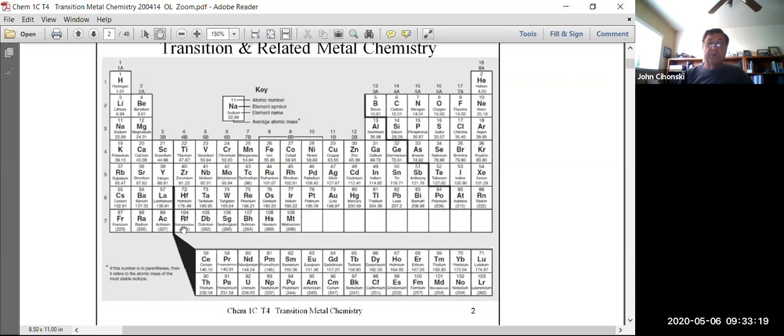And for the AC, the actinides, that series, you might be more familiar with those, mainly because uranium is involved and plutonium is in there. And for this row, these are all radioactive elements.